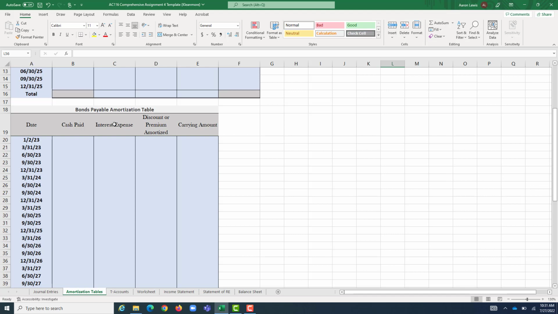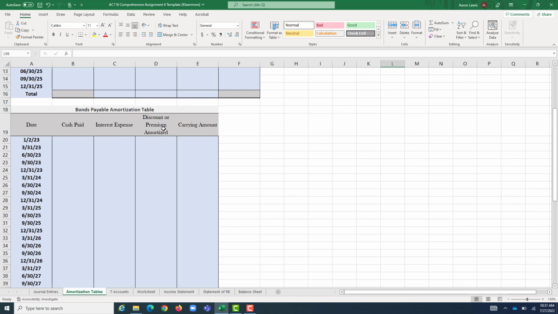The second one is interest expense. That's the amount of interest that you get to recognize on your books, which isn't always equal to the actual amount of cash that you are paying for that cash interest payment. I know it seems kind of weird, but what you're essentially doing is adjusting the amount of interest that is paid in the form of cash for the discount or premium that you had.